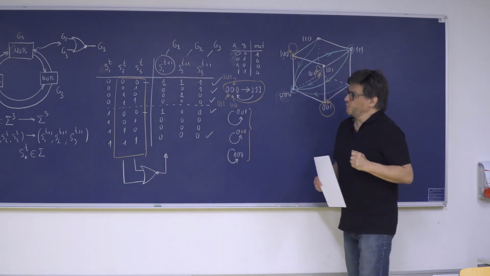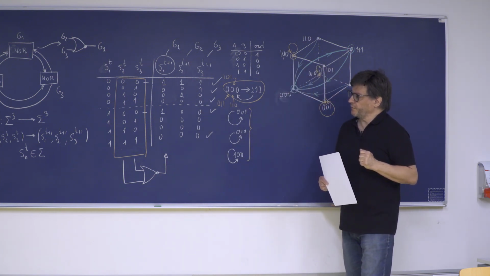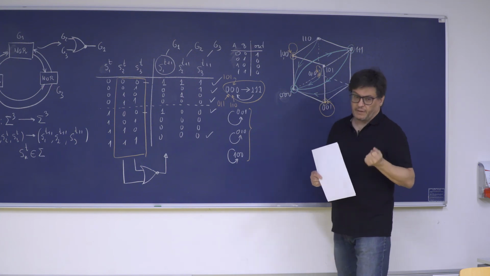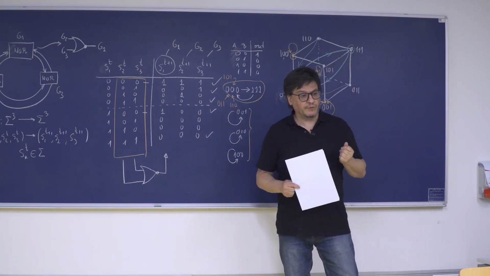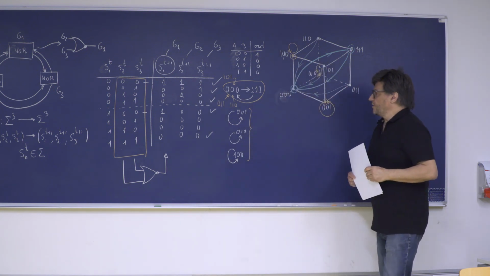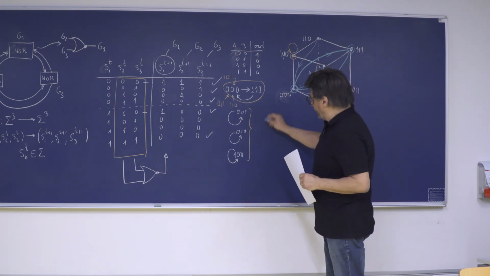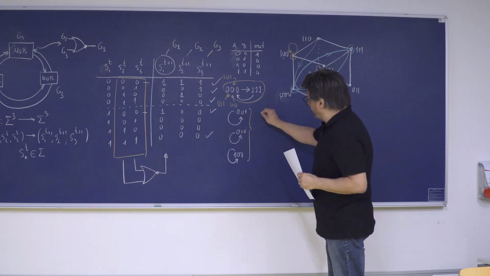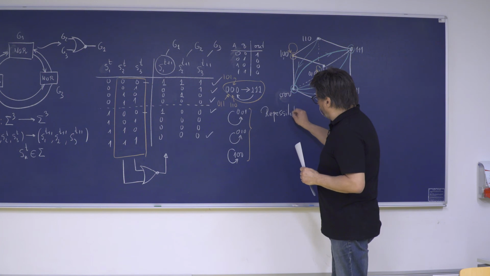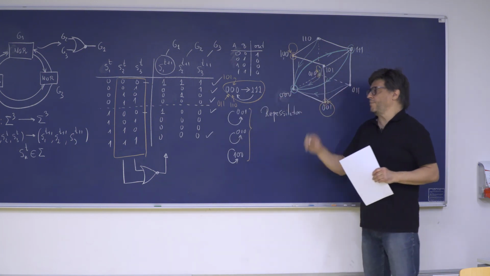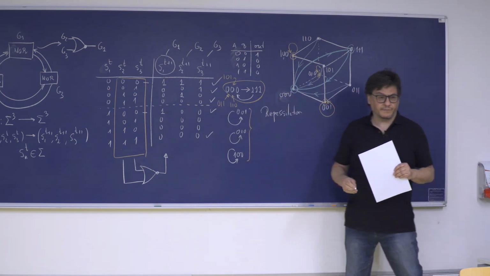So let me suggest for you an exercise that is a different kind of dynamical system that is extremely interesting. It's been really important in synthetic biology. It's a circuit, it's called a repressilator. And then you can actually map into this formalism, right?